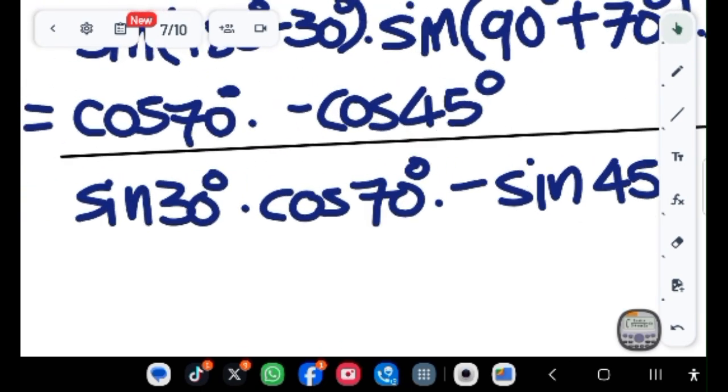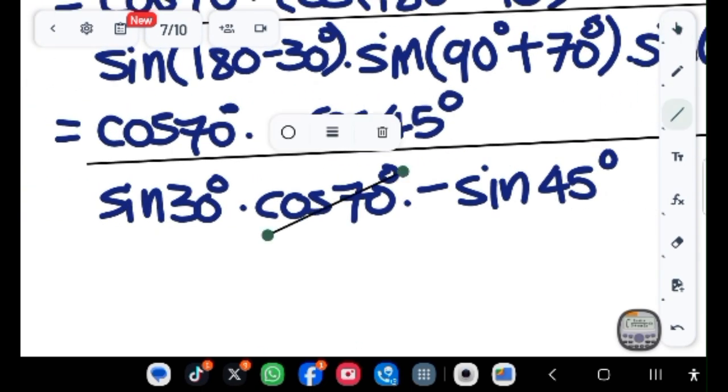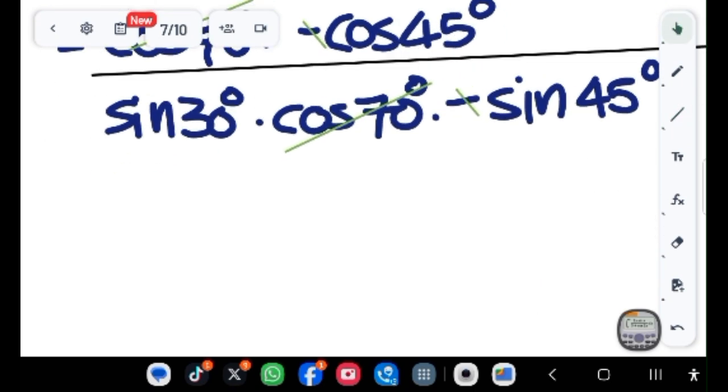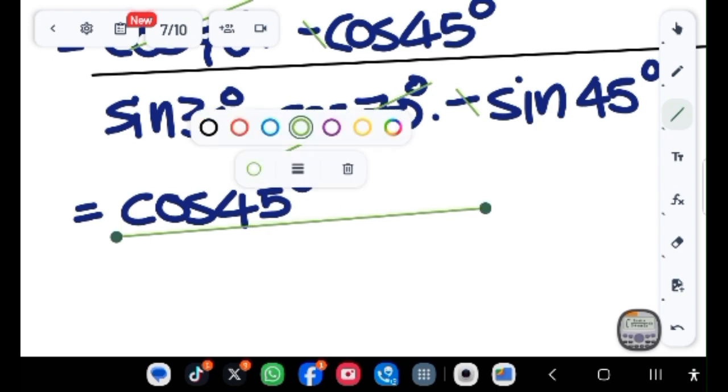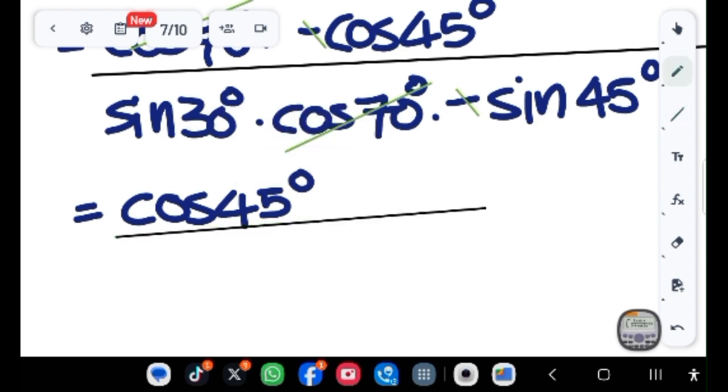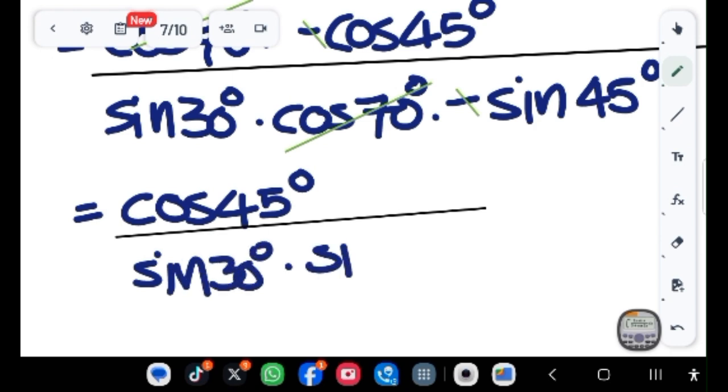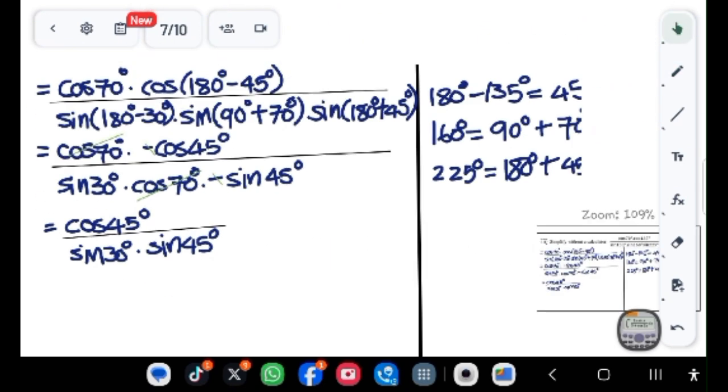And now we cancel out what can be cancelled out. So we cancel out the cos of 70, and then the negative signs also. That leaves us with cos of 45 degrees over sine of 30 degrees times the positive sine of 45 degrees. These are special angles, so we can use the special triangles to calculate them without a calculator, which is the whole point. Now we go to the relevant special angles.